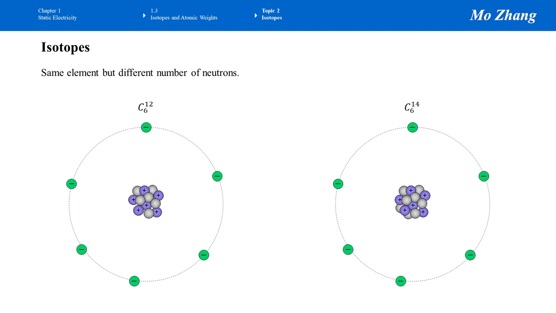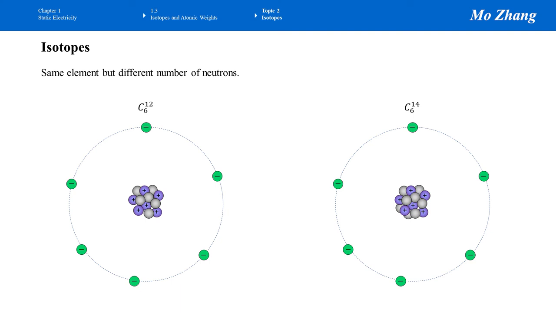The reason is it's heavier, it's bulky, so it's less stable than carbon 12. The carbon 14 is going to lose those extra neutrons and become a more stable state, which is carbon 12. It takes years for the neutrons to leave those carbon 14.